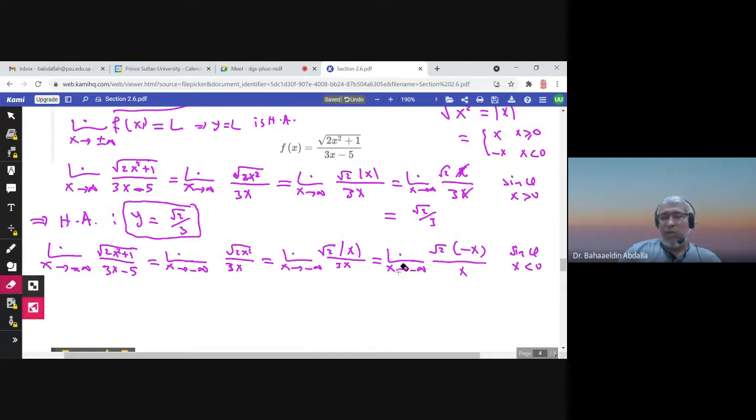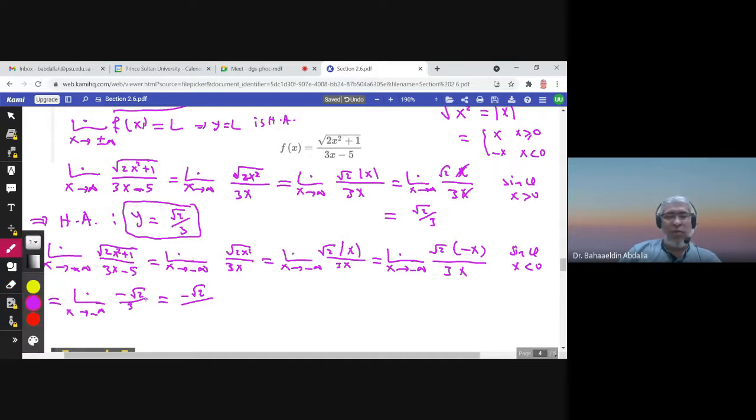Sorry, I'll change this 3. Okay. Now x cancels with x, and you will have limit when x approaches negative infinity of negative square root of 2 over 3, and that's just a number.